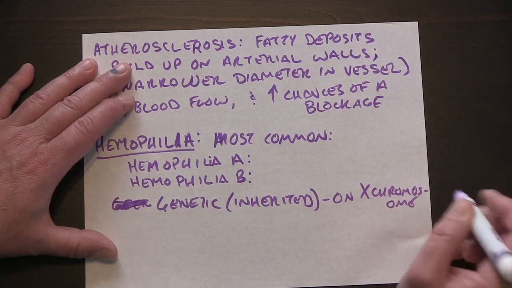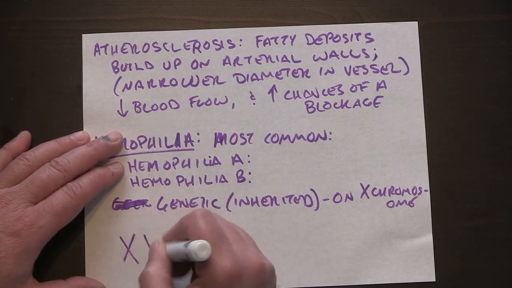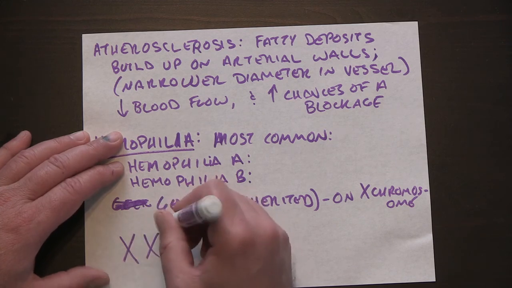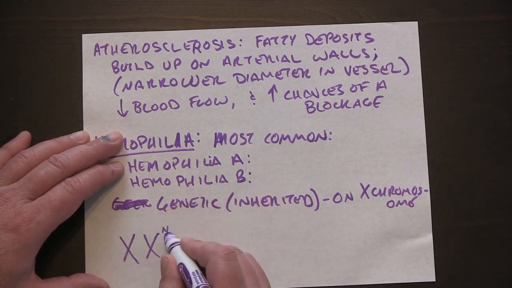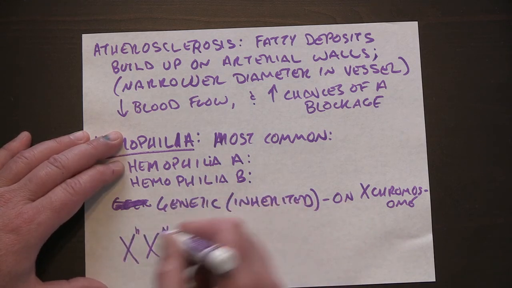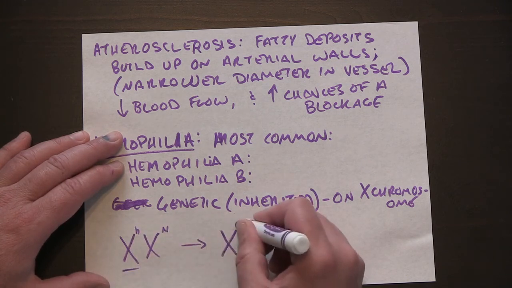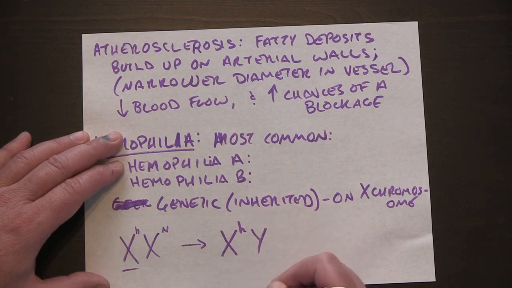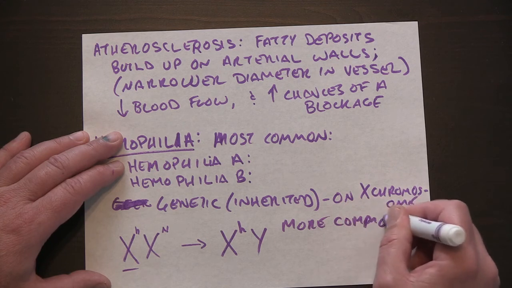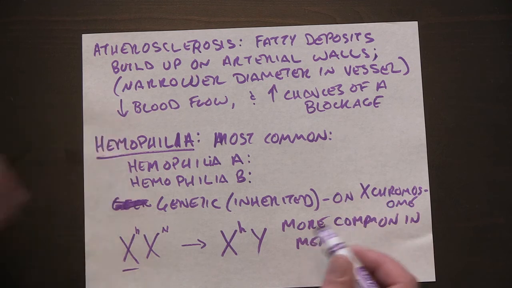So, women, let's say that X with an N means it's normal, and with an H, this is really not how you would do this, but this would be a carrier of hemophilia. But if a guy has that, then he's got the disease, right? So this is more common in men, because it's on the X chromosome.